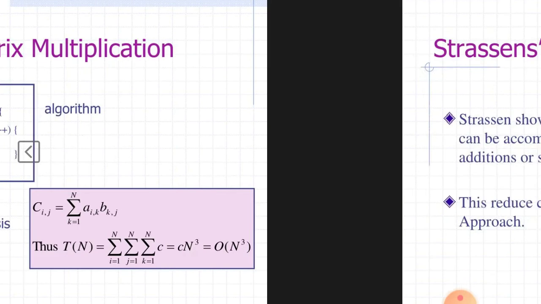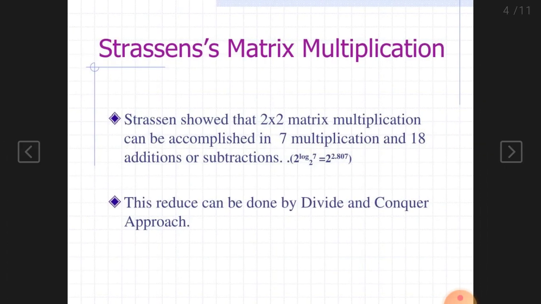So here there will be 7 multiplications and 18 additions or subtractions. So 2 to the power log 7 base 2, that is 2 to the power 2.807.